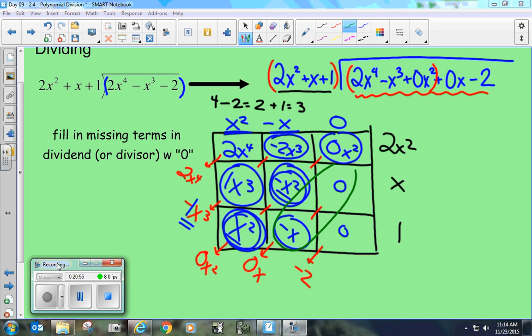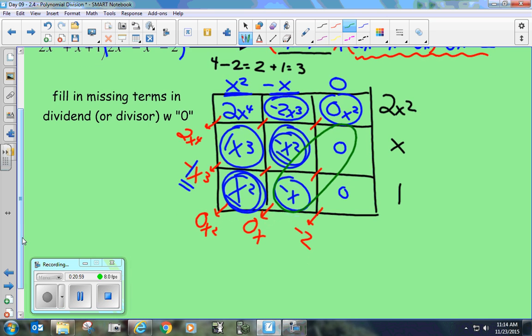Yes, there is a remainder, and it's not just one digit. It's 2, because if I combine 0 and negative x, that doesn't give me 0 x's. So what is 0 minus x? It's negative x, right? Well, how do I get from negative x to 0 again? Don't I just add an x?